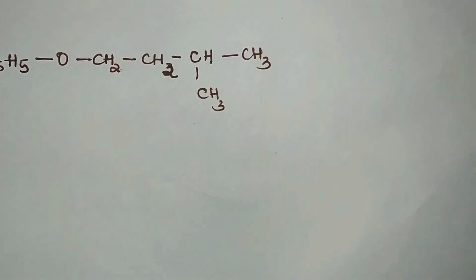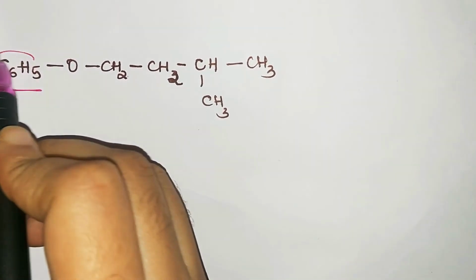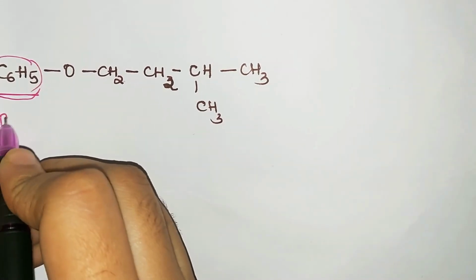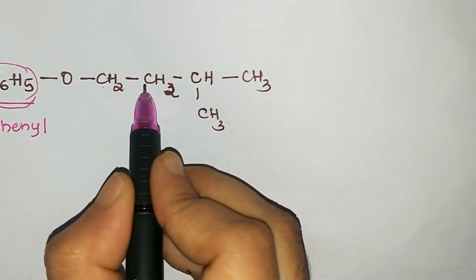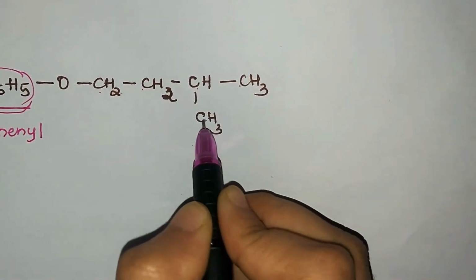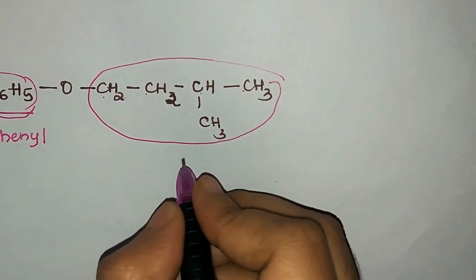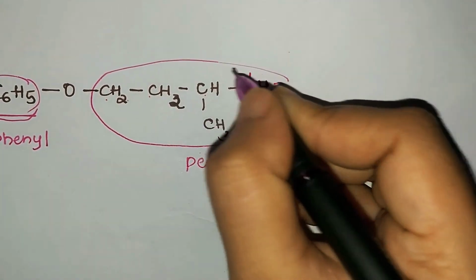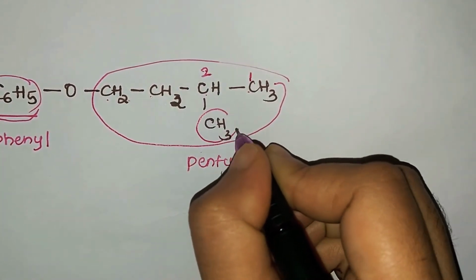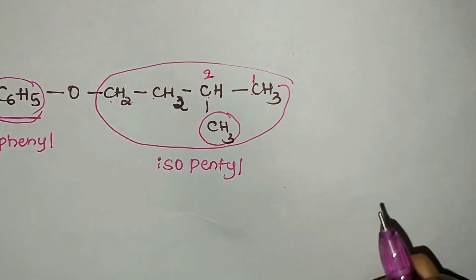So you can consider here we are having C6H5 on one side and oxygen followed by CH2, CH2, CH, CH3, CH3. The one which is present first, C6H5, is phenyl, and for the second group, totally there are how many carbon atoms? 5 carbon atoms, pentyl, and we see that the second carbon atom is having one methyl group. We call it isopentyl. Iso is not to be considered.